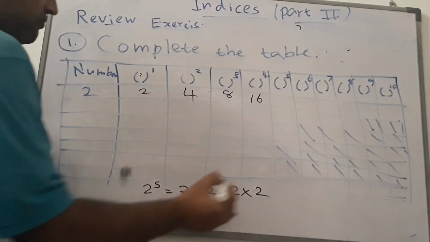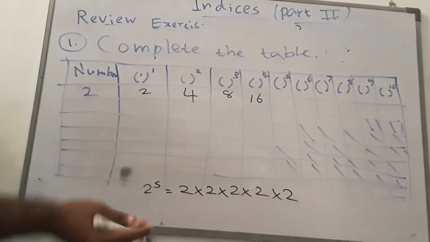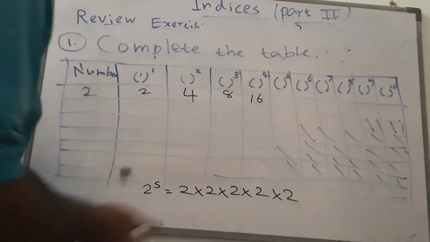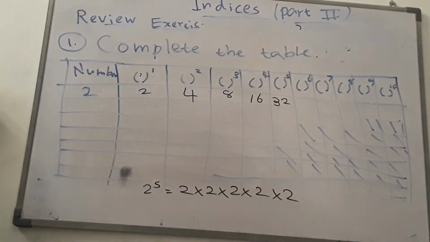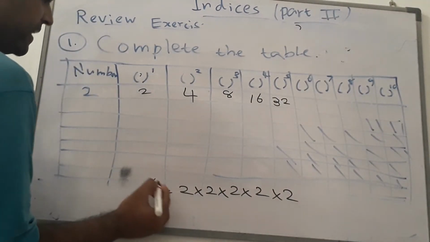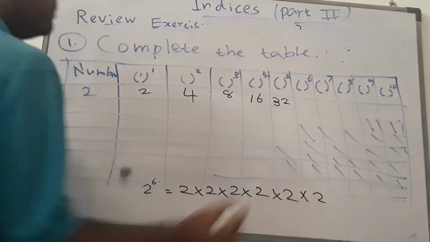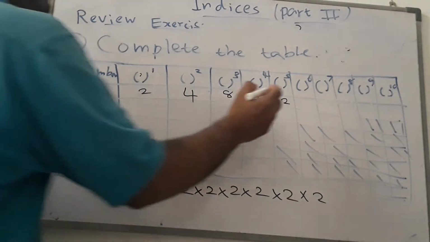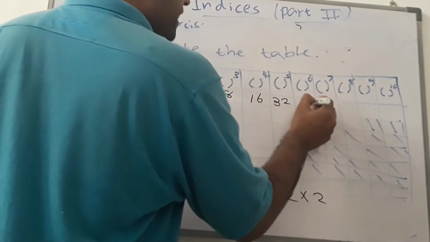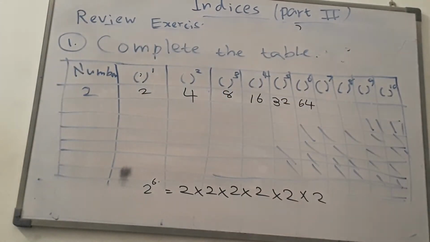Same as 2 to the power 5 means you have to multiply another 2 to 2 to the power 4. That means 16 times 2 means 32. 2 to the power 6 means multiply another 2 by 2 to the power 5. 32 times 2 means 64. So far I taught you the powers of 2.